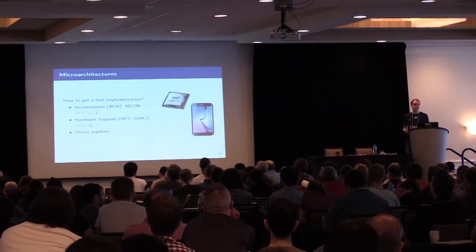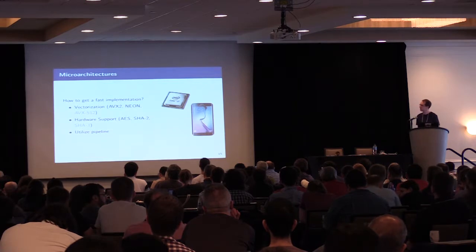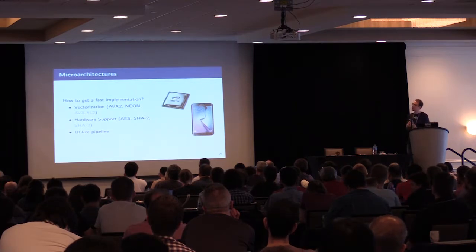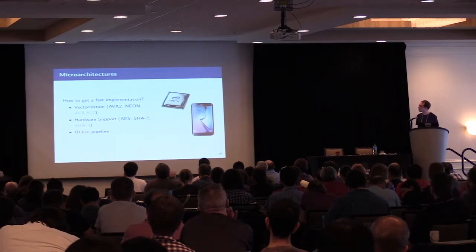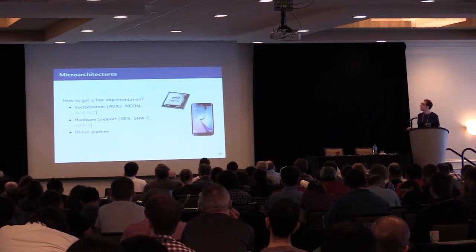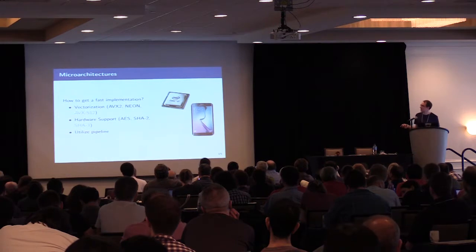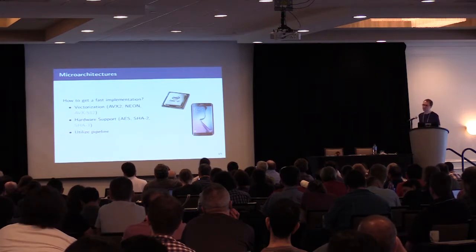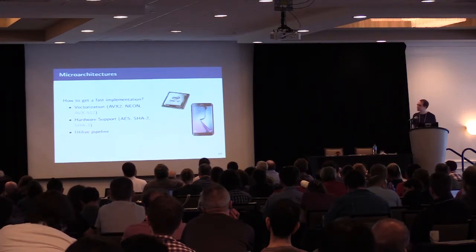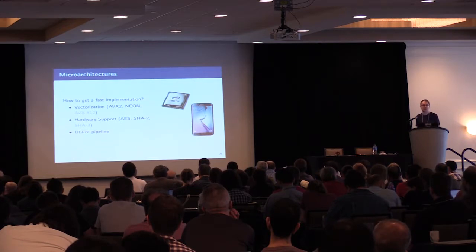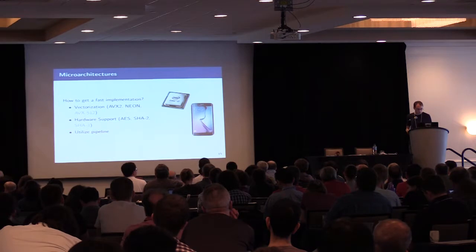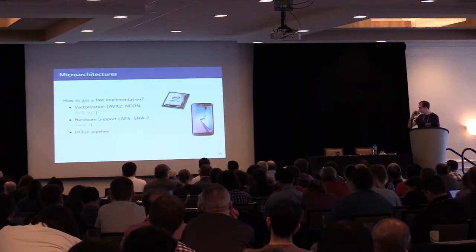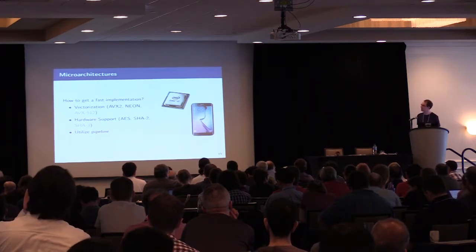Okay, so what are the tricks now to get a fast implementation? Well, there are a lot of things we can do on modern microarchitectures to really speed up our implementation. The typical thing is vectorization. Depending on the architecture, you have these vector instructions which allow you to parallelize inside the instruction and apply the same operation to all elements of your vector.